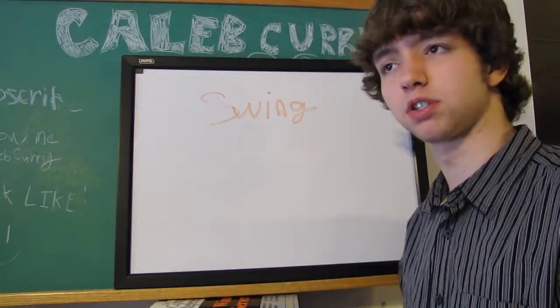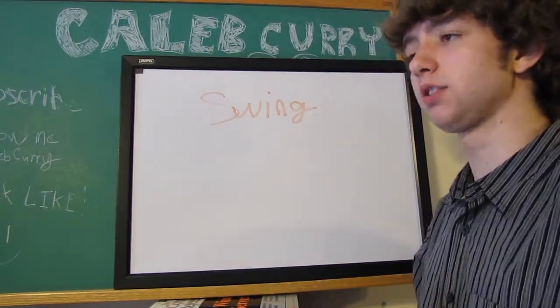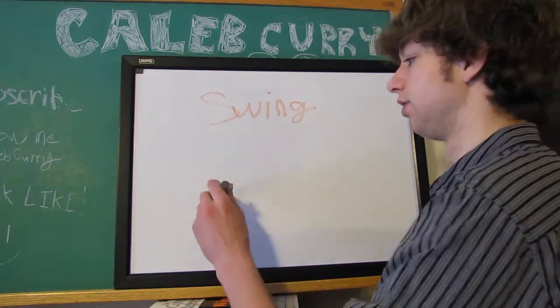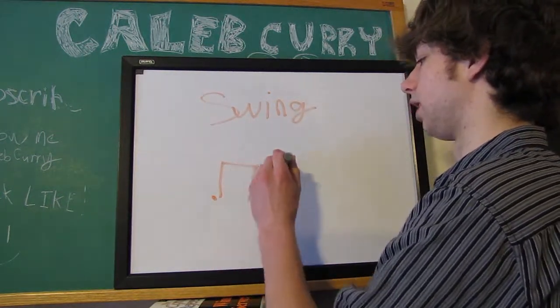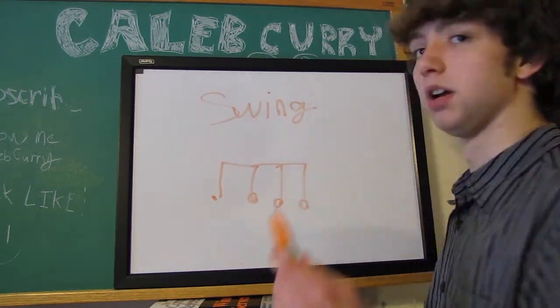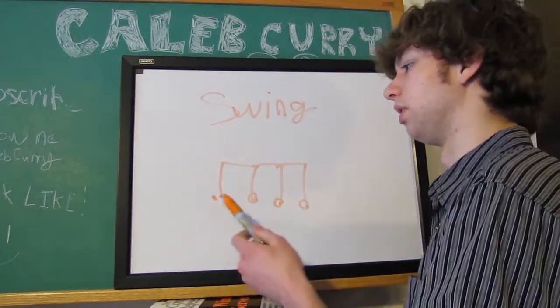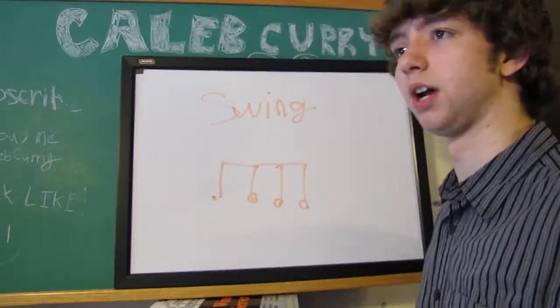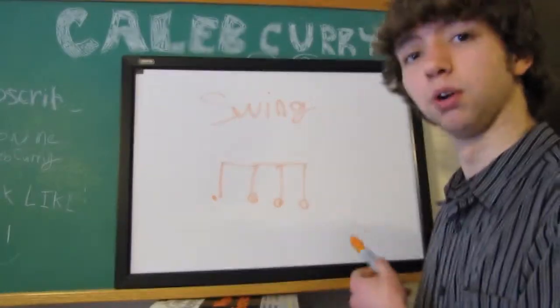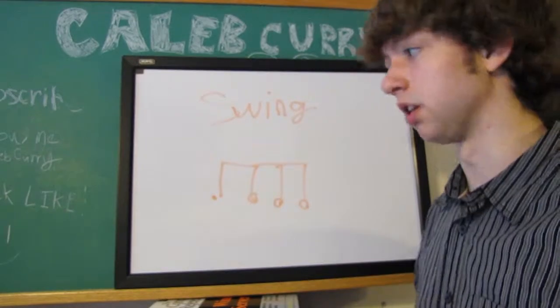Swing rhythms is sort of like, rather than counting eighth notes the normal way, 1 and 2 and 3 and 4 and, now it's 1 and 2 and 3 and 4 and.